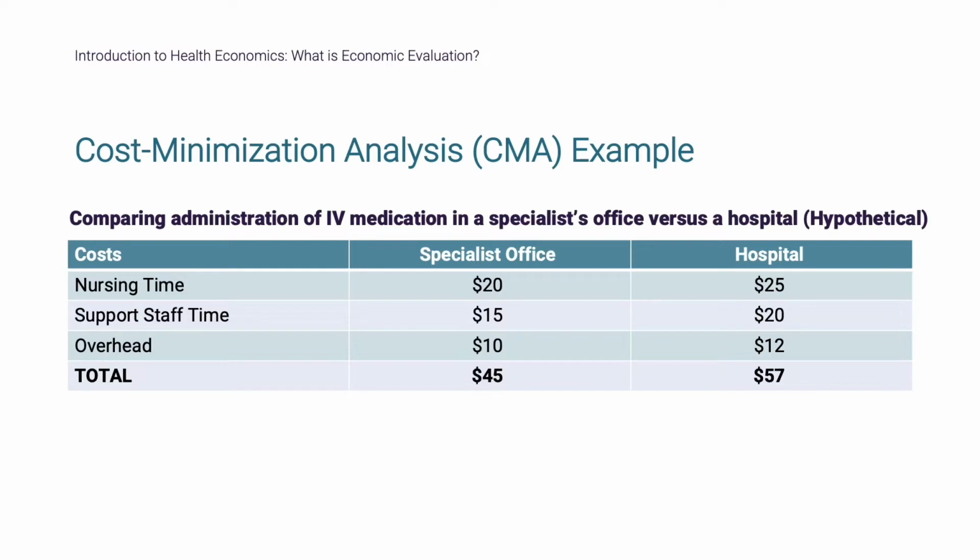The outcomes are similar, but the costs would differ. In this case, the specialist office is the least costly setting and therefore likely preferred. Note that this example could become more complicated if costs to the patient have been included. In this example, we are only considering the healthcare perspective. The perspective taken refers to what costs are considered in the analysis and will be discussed further in the next section.